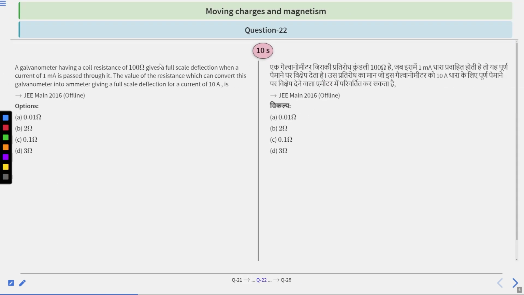Question 22. A galvanometer having a coil resistance of 100 ohm gives a full scale deflection when a current of 1 milliampere is passed through it.